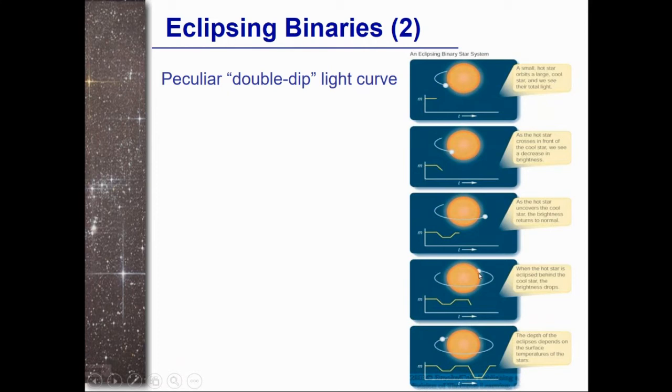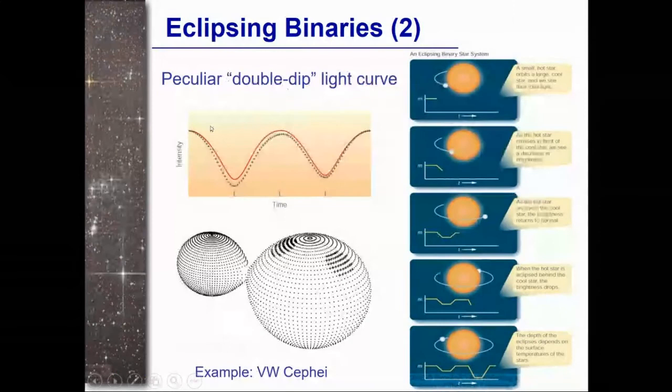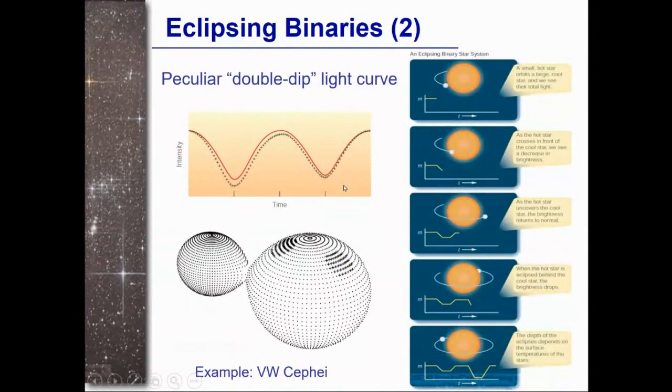That's it, you lose the smaller one. And it will continue like that till it comes back there and you see another dip in the intensity. So when we see this double dip in the light curve that we get from the star, then we say, well, in this case, we have an eclipsing effect and we have a binary star.